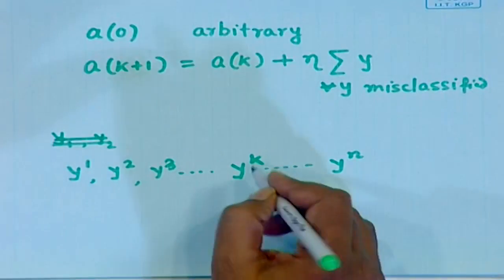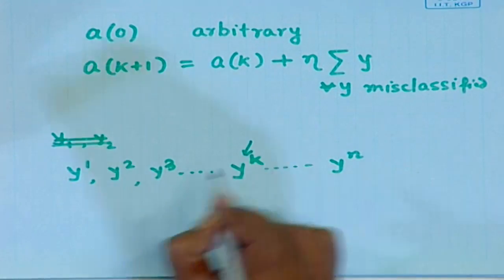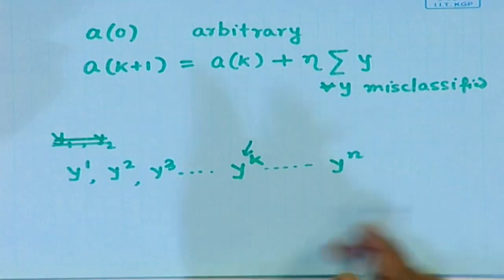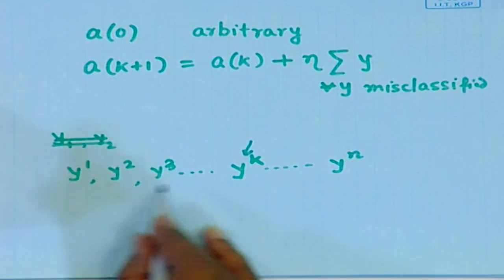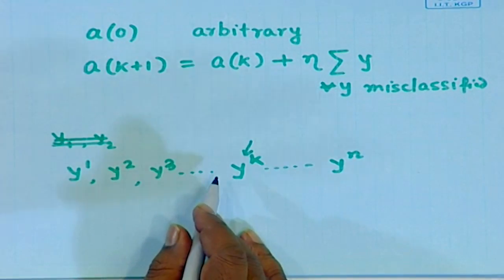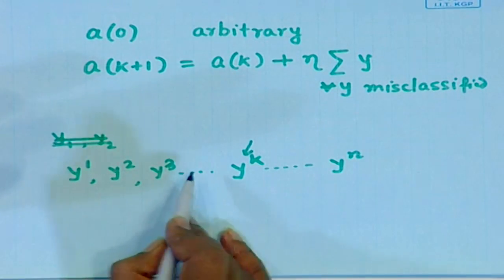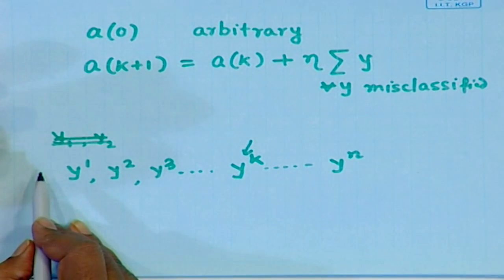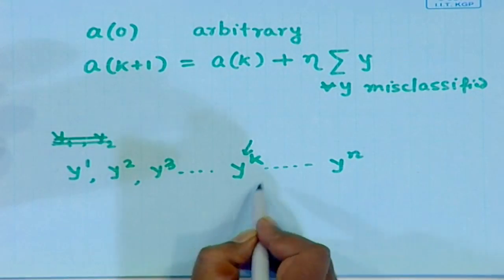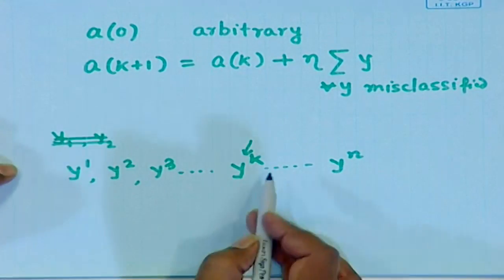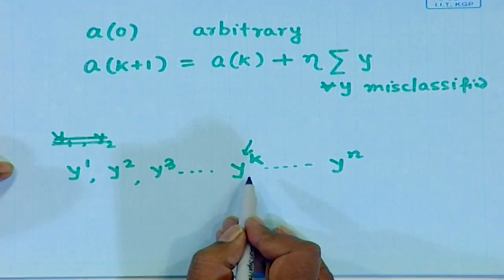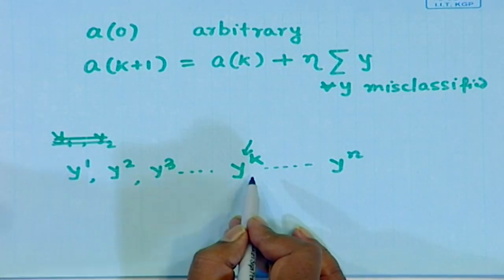Okay. Now, suppose I find that A transpose yk has become less than 0. Before that, up to yk minus 1, for all samples A transpose y was greater than 0, so I did not have to modify my weight vector A. When I find that A transpose yk has become less than 0, that means the kth sample has been misclassified by the weight vector A. So, immediately I have to update it.